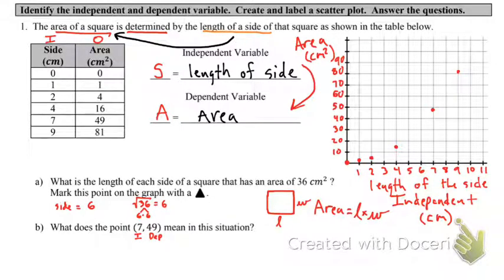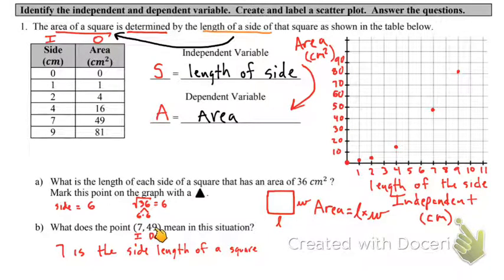If you look, the independent variable represents your side. So 7 is the side length of a square.